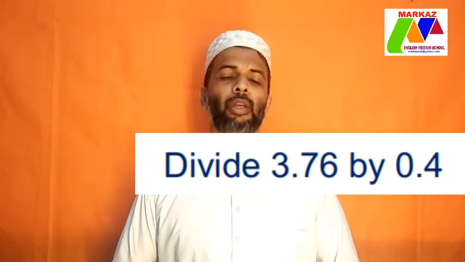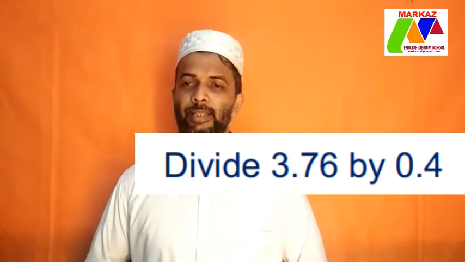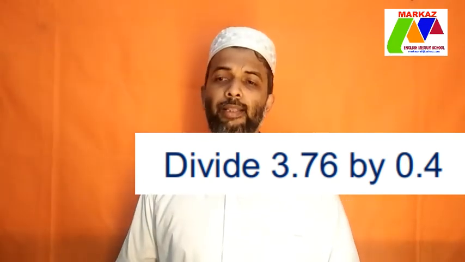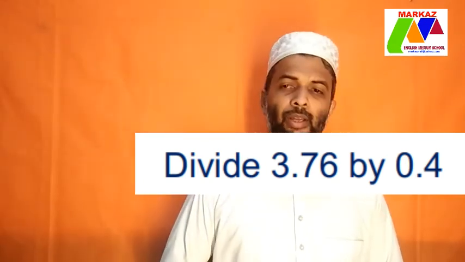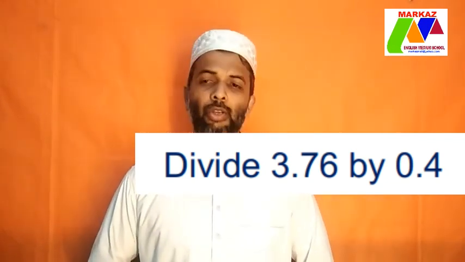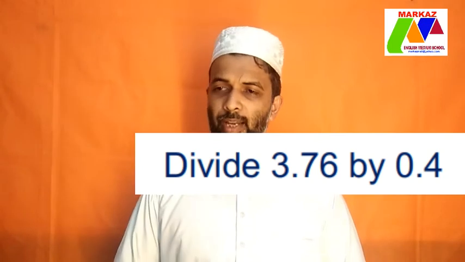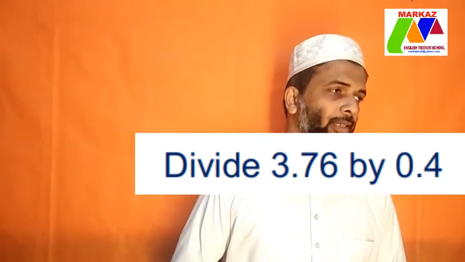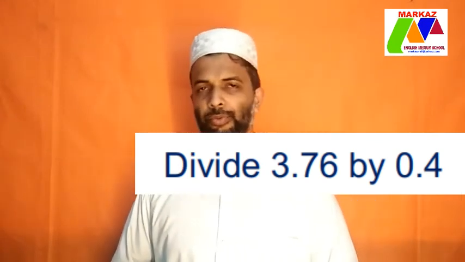Here you know 3.76 is the dividend and 0.4 is the divisor. Both are decimal numbers. So first change the divisor to a whole number. In this question, divisor is 0.4.